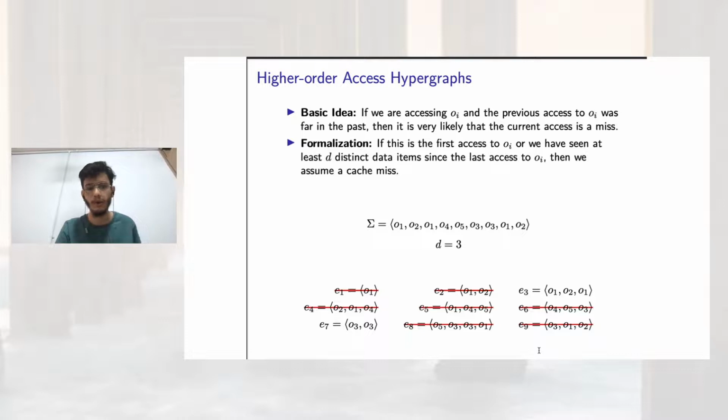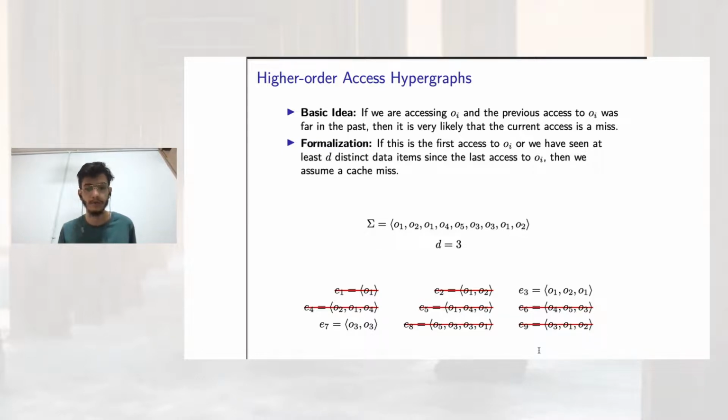Because E1 and E2 are the first accesses to O1 and O2, we assume they are cache misses. And because E4 is the first access to O4, we can also assume that it is a cache miss.